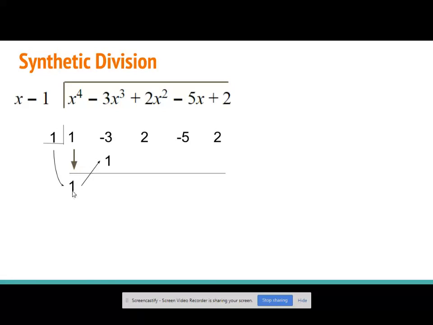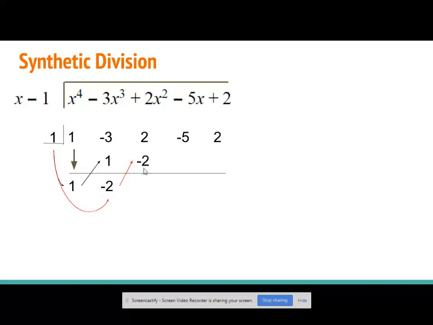So you bring the first number straight down, then 1 times 1 equals 1. Now we're going to add these together. -3 plus 1 is -2. Now I take my divisor 1 times -2, which is -2.